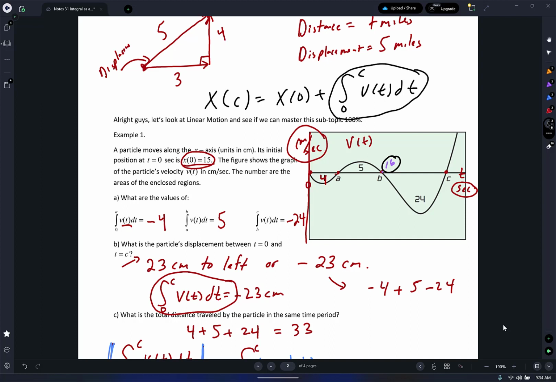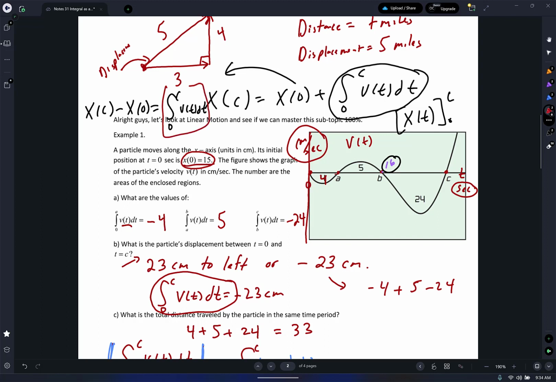So the antiderivative of that is x of t evaluated from 0 to c. Do you guys see that? Okay, well look at that. I'm just going to move this to the left there. And look, x of c minus x of 0 equals the integral from 0 to c of v of t dt. Look at that. You guys, look at this.